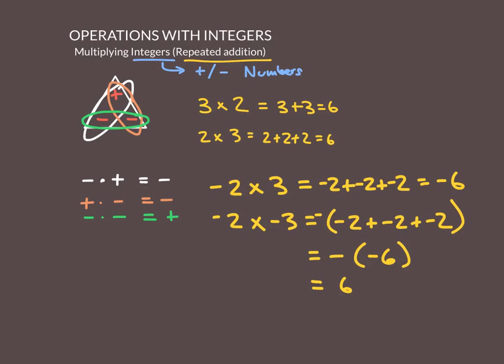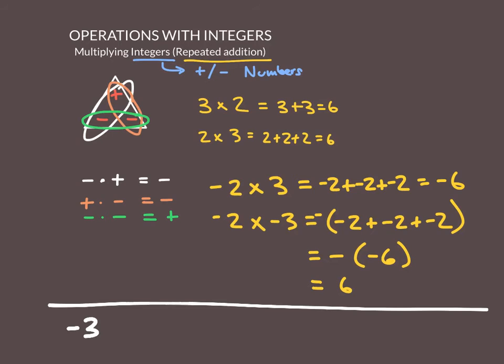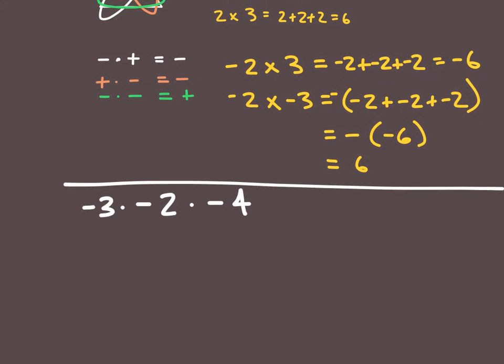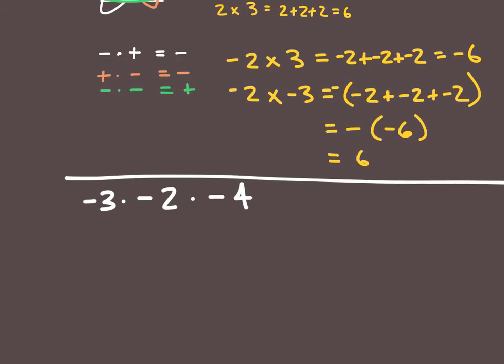Okay, so what I want to do is think of another example, and I want to multiply 3 negative numbers together, all right? So I've got this. Let's say I take negative 3 times negative 2 times negative 4. And what I do here is I can just multiply them in any order that I want, really, but I'm going to go from left to right.